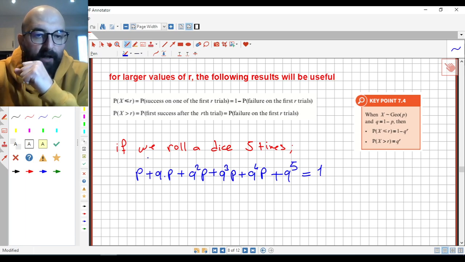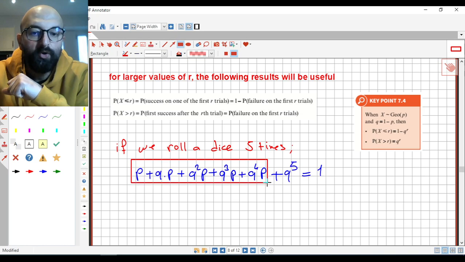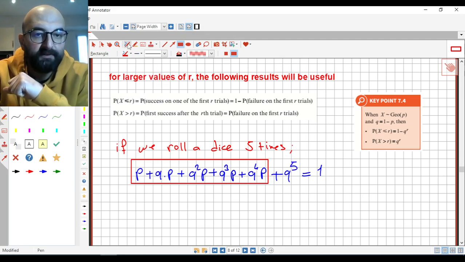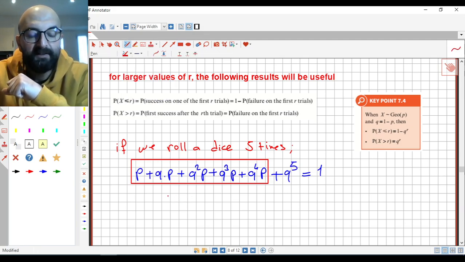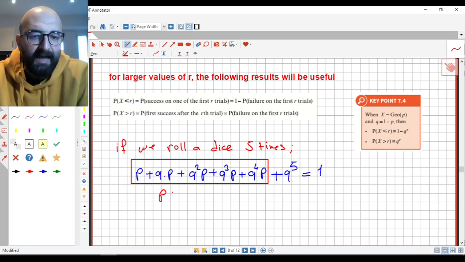So if you want to figure out this part, and also this part, the probability of getting 6 in less or equal than 4 trials plus q to the power of 5 means 1.